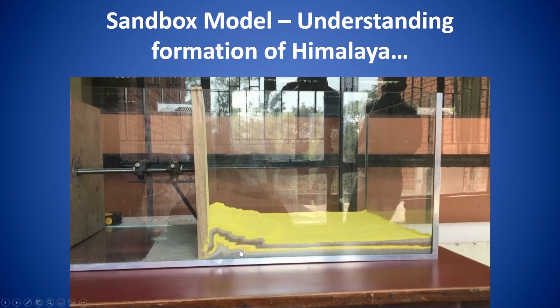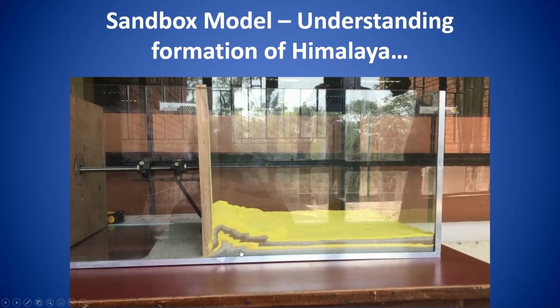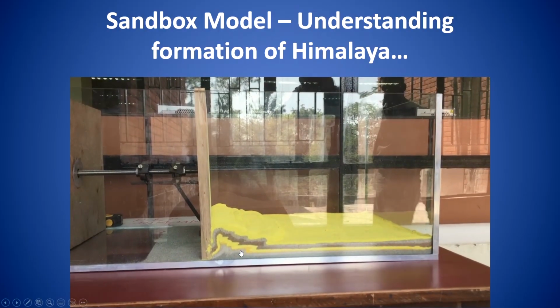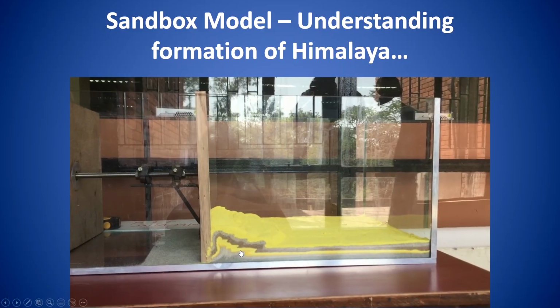Now, there are theories which try to explain what exactly happened, because one of the blocks will act as a rigid block or a wedge, which we call the sliding wedge, and within this wedge there is ongoing deformation.